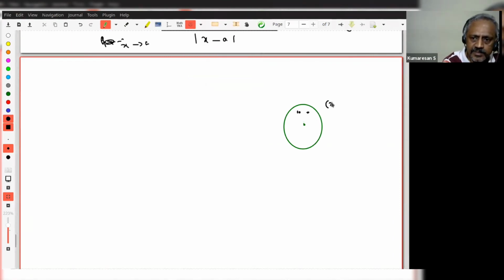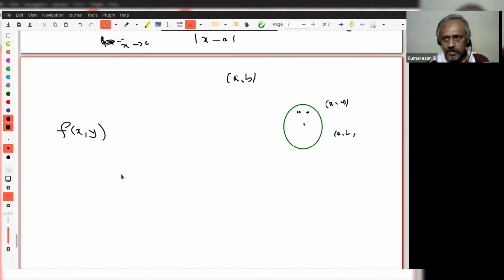This is my point (x, y). This is the point (a, b). Then let us assume the function is defined here. Then I want to say f(x, y) is differentiable at the point (a, b). This is my (a, b). So what do you think?